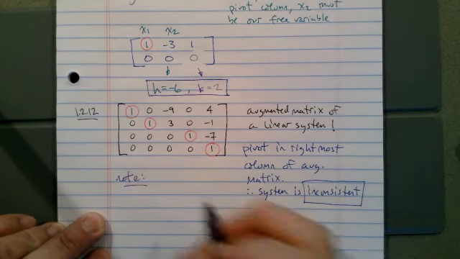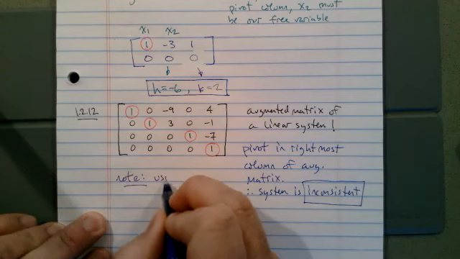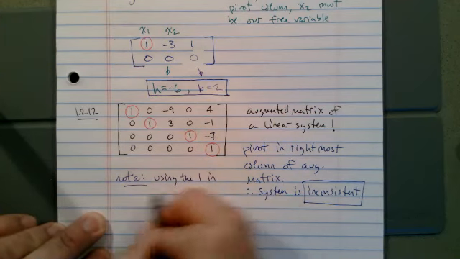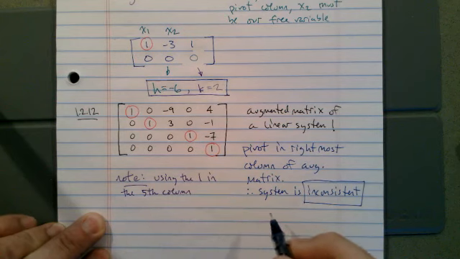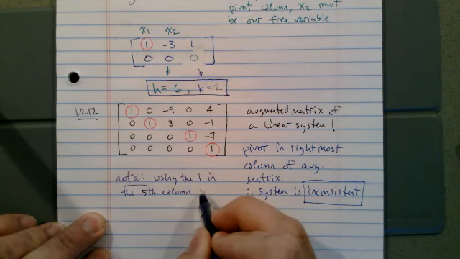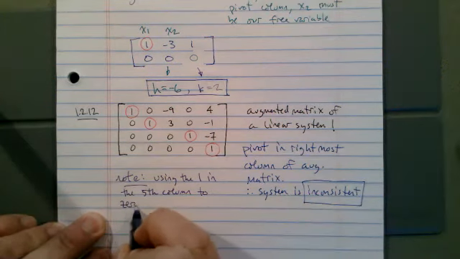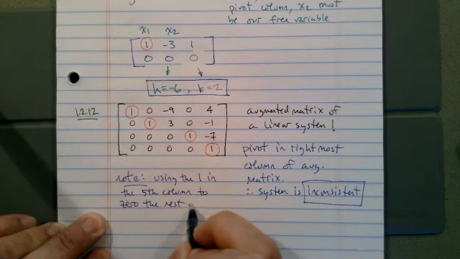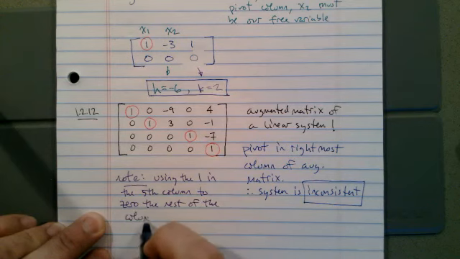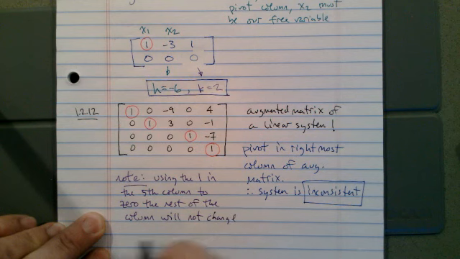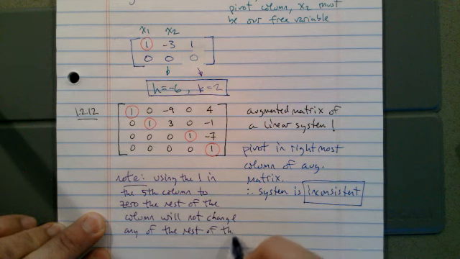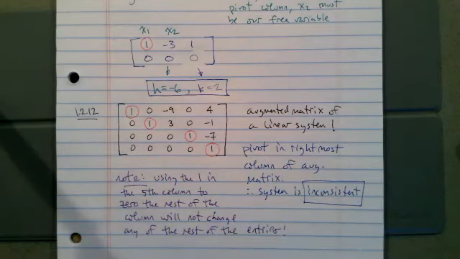Using the one in the fifth column to zero out the rest of the column will not change any of the rest of the entries because there's zeros in the rest of it.